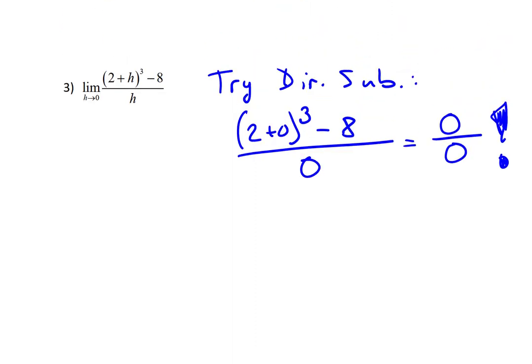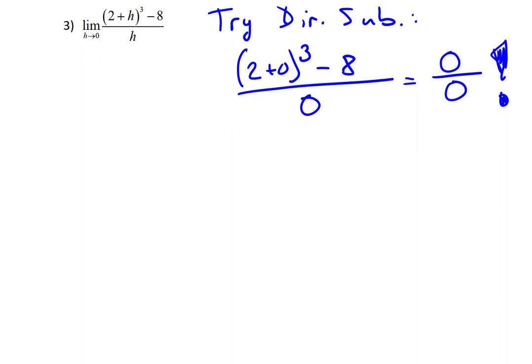You'll notice the numerator has this 2 plus h cubed. That might be some reason to say maybe we can try to expand and simplify the numerator. So let's try this. Now, one thing to be careful of when you're rewriting this: it's easy to be used to the algebra where you simply rewrite the rational part. But until we're actually done with the limit, we're going to keep copying LIM with what the variable is approaching.